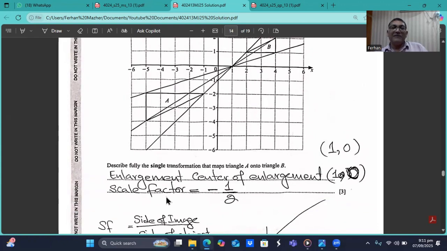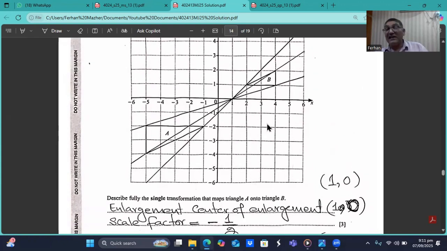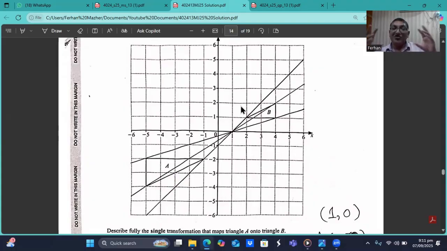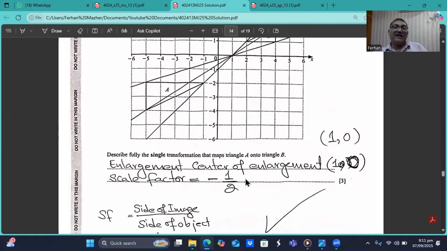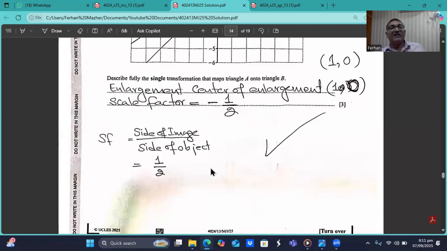But I put a negative with it. Why do I put a negative? If in enlargement, the center of enlargement is between the image and the object, the scale factor is negative. So here with the scale factor, I will write minus. So this is an enlargement. Center of the enlargement is (1, 0), and the scale factor is -1/2.